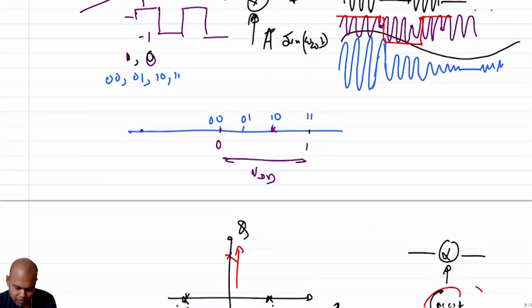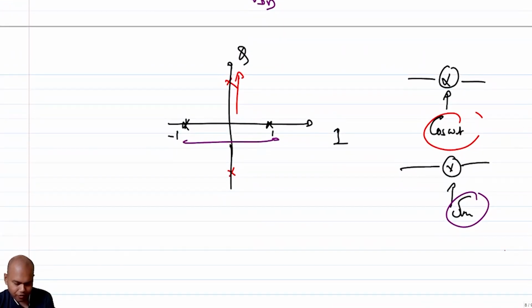Correct? So which essentially means that if now I have a cosinusoid and a sinusoid where I can send, again, this is 1, -1, which means that I can now send 4 symbols. Earlier I was able to send 2 symbols, now I am able to send 4 symbols, 2 in each of these channels, and combination of these, which means that I should be able to send a constant amplitude signal only modulating the phase, right?